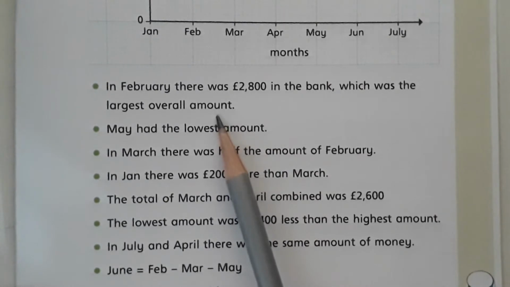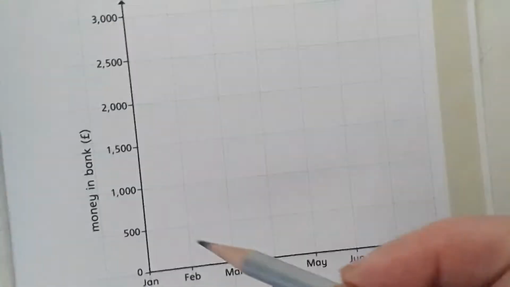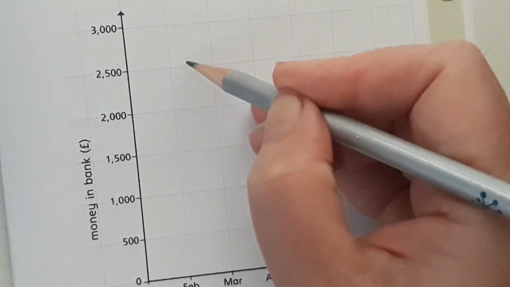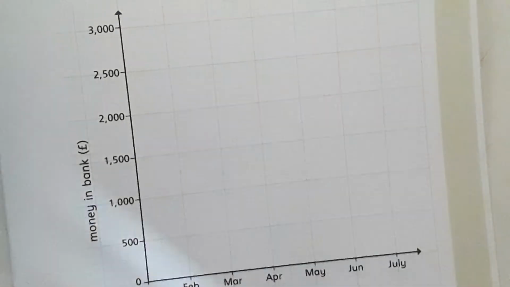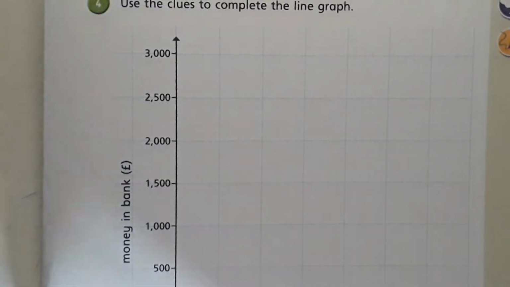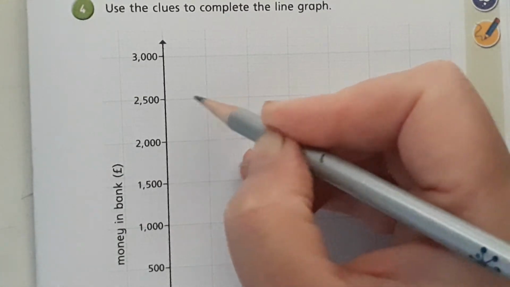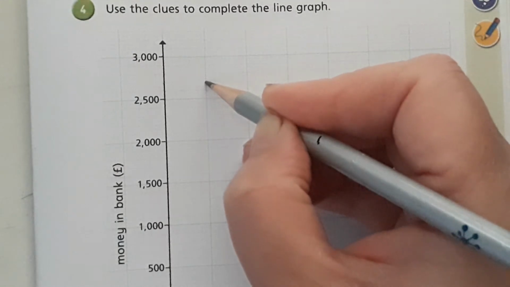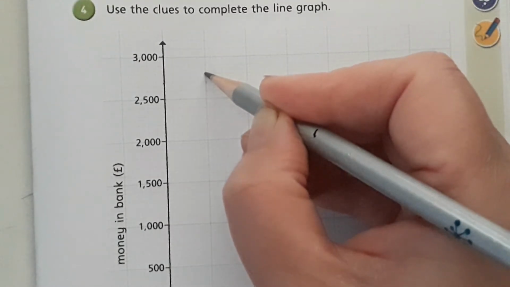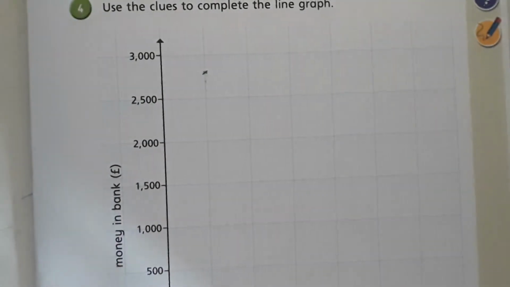So we can work out where 2,800 is. Remember this was February. We've got 2,500, 600, 700, 800. That's where your cross for February can go.